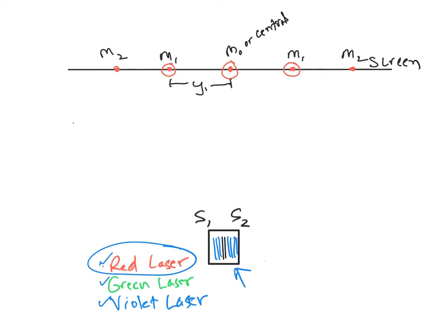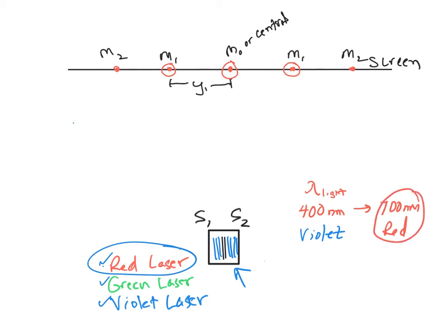It's important you remember that wavelengths of light go from 400 nanometers, as I talked about in the last screencast, to 700 nanometers. Red's down there, violet's over here. So longer wavelength, red; shorter wavelength, violet.